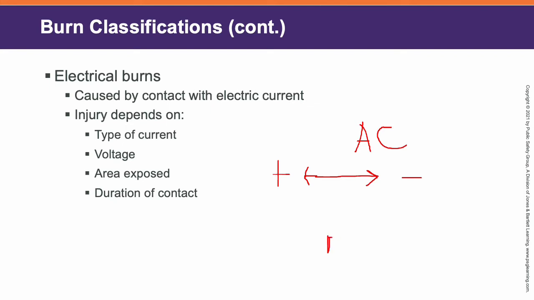Whereas with direct current, electricity only goes one direction, from positive to negative, always. So that's not going to change, right? The positive end of the circuit and the negative end of the circuit doesn't change. In alternating current, the circuits actually switch sides back and forth.